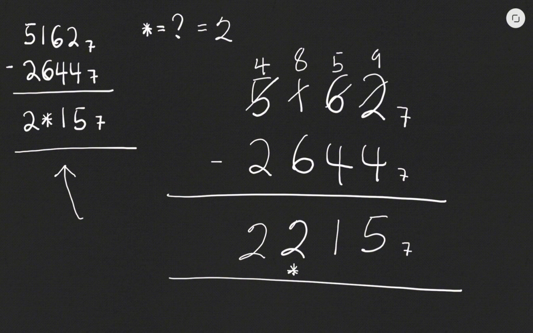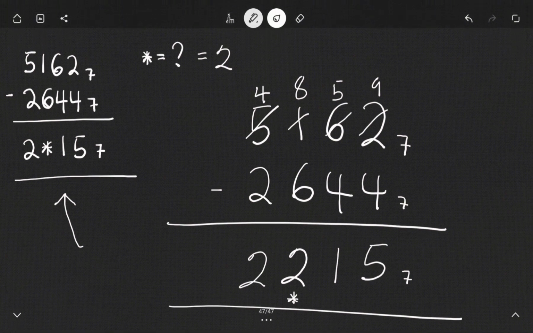All right, let's look at one more example for this particular problem. We have to subtract 122 base 3 from 1001 base 3.